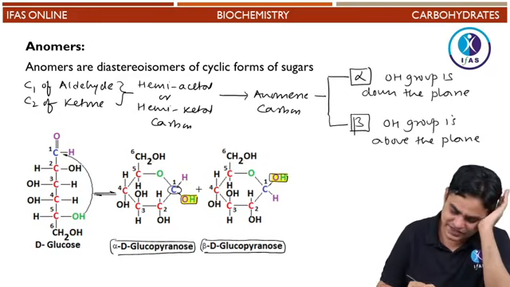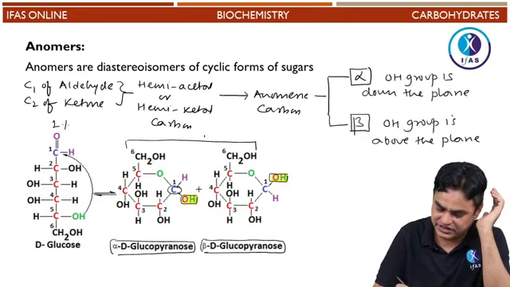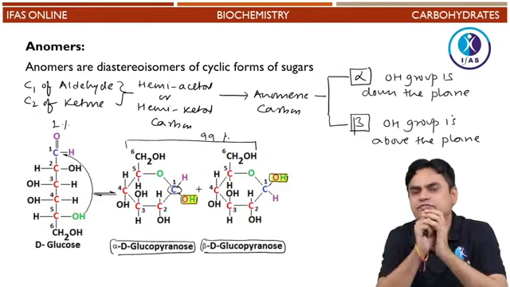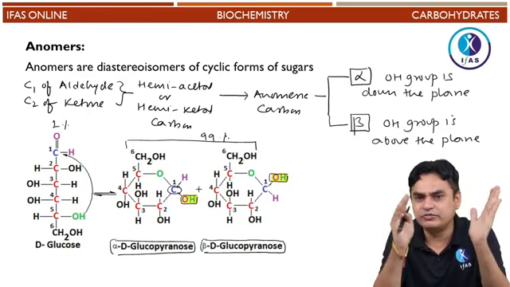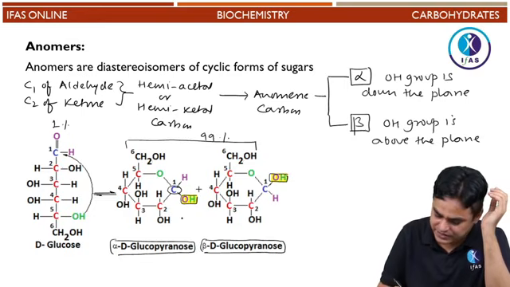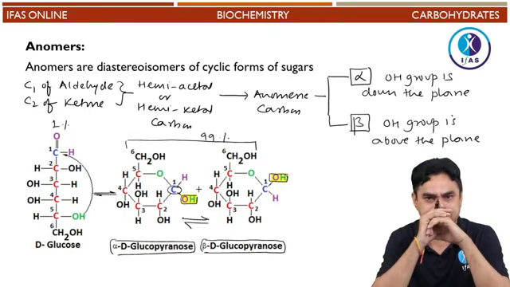So we said that 1% could be a chain form and 99% would be the ring form. But ring form of glucose, again, could be in 2 different versions. It could be alpha anomeric form or it could be beta anomeric form. But out of this alpha and beta anomeric form, which would be more, again, depends upon stability.